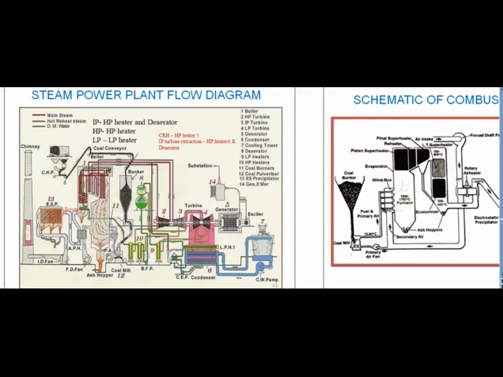The raw coal is stacked in the coal handling plant where it gets crushed to 25 mm size. This crushed coal is transported by conveyor belt to the coal bunker, which is located above the coal pulverizer.